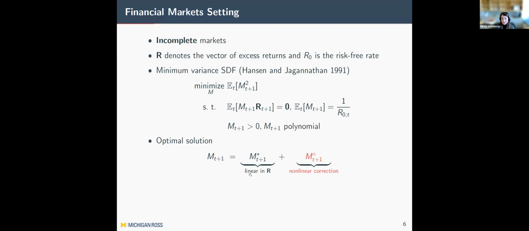The first one is going to be linear in the returns. This is the same as the classical Hansen and Jagannathan projection. This is going to be the leading term. And with it, we already satisfy these Euler pricing constraints. The nonlinear correction is only there to ensure that M is going to be positive.